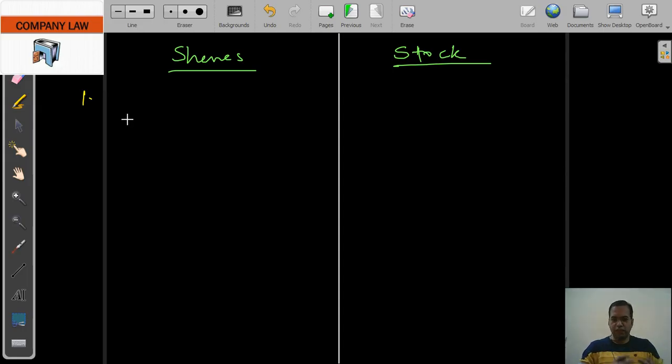Share is the part of share capital. First, let me give you a brief idea of what a share is, what we did in the previous session. Share is the part of the share capital which is normally divided into equal denominated shares. So shares are broken into equal denominations, whereas stock is the bundle, the lump sum holding of the shares. With the help of the differences, we'll try to understand what stock exactly is. So shares are always in units.